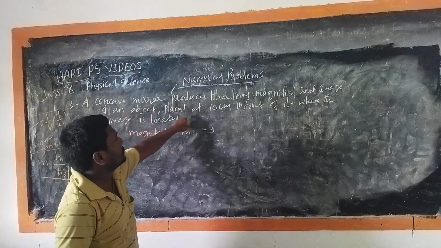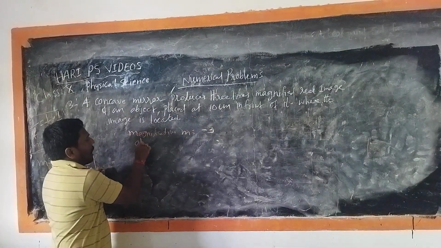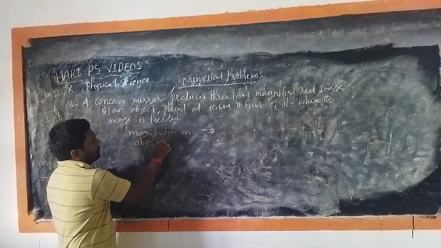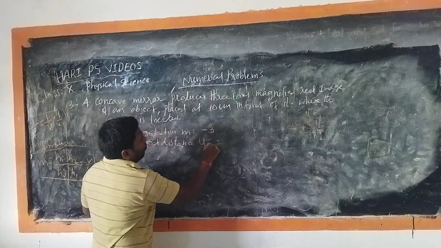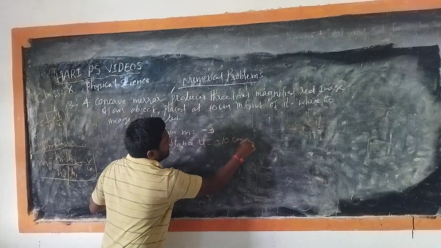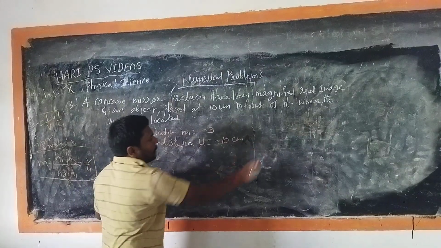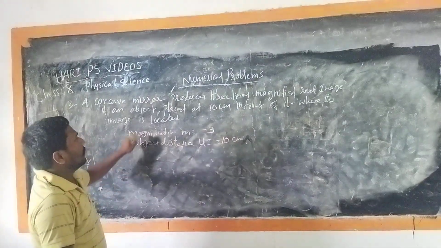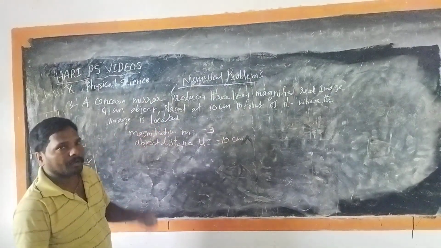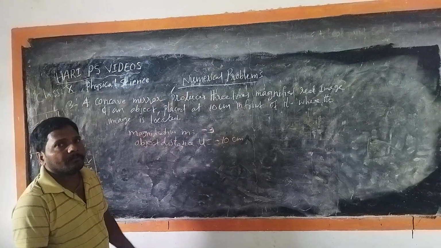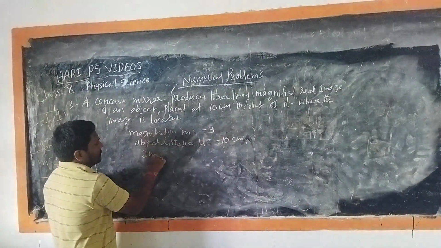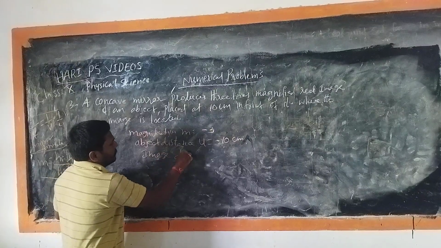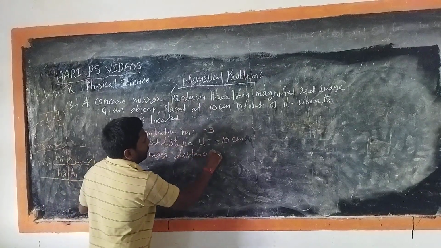The object is placed at 10 centimeters, so object distance u is equal to minus 10 centimeters. Where is the image located? We have to find the image distance v.